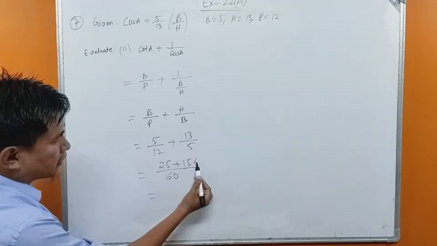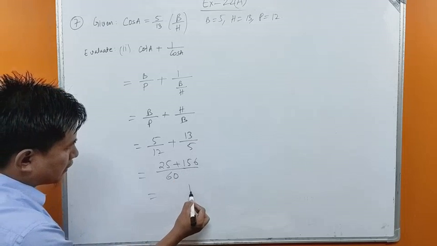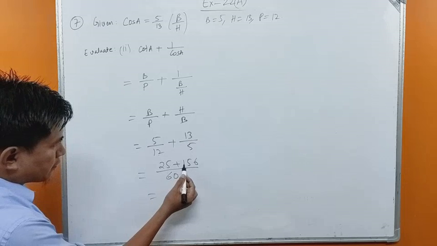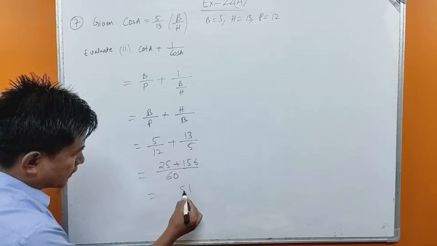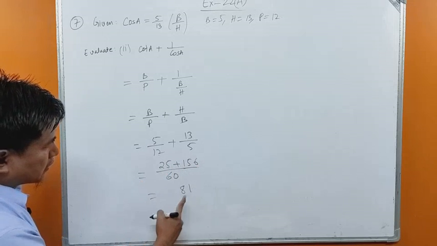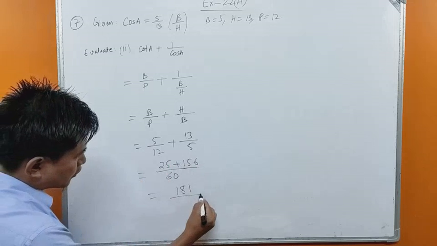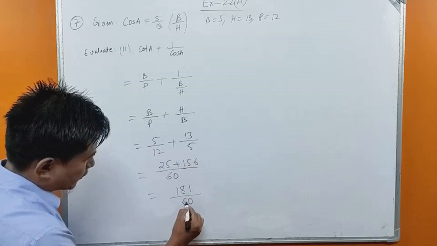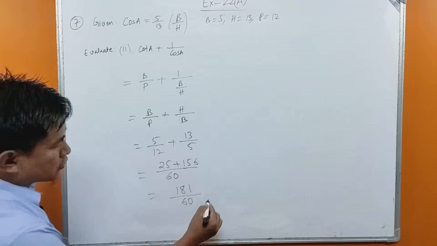Both are positive, so let us add up: 25 plus 156 is 181. This 60 we write in the denominator. We cannot cancel this number, so this is the answer.